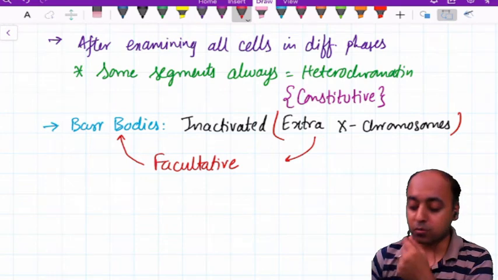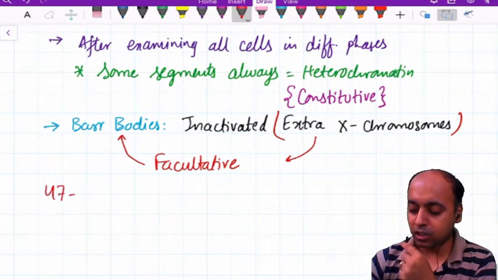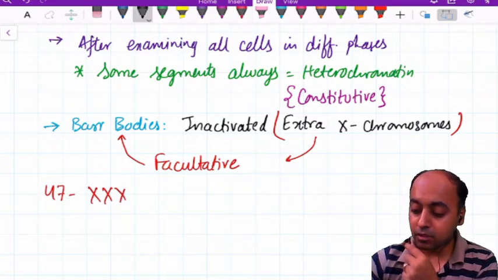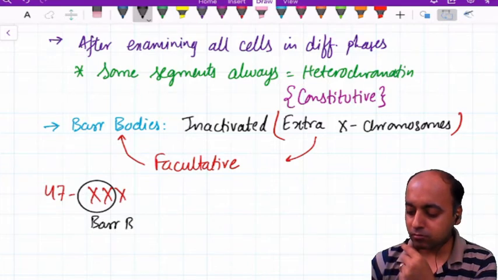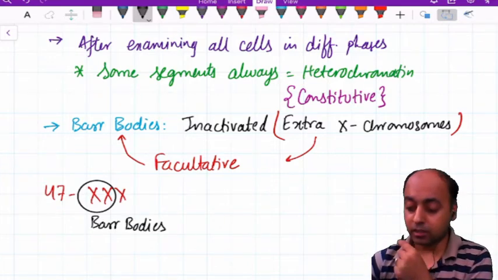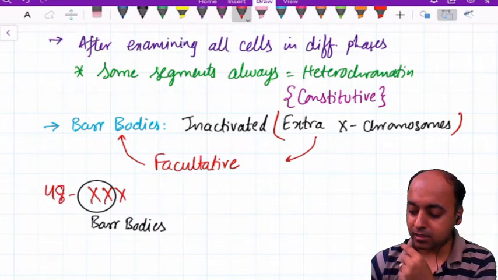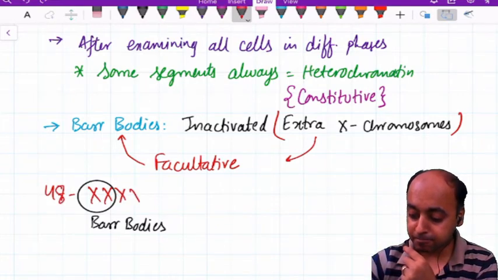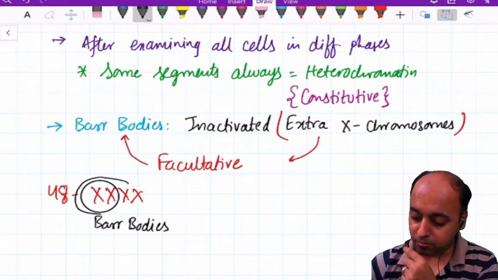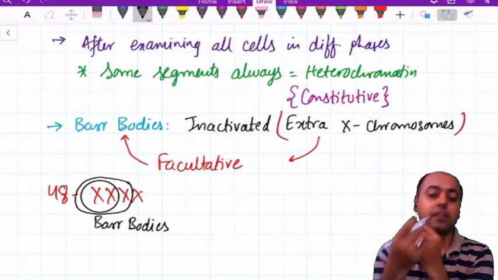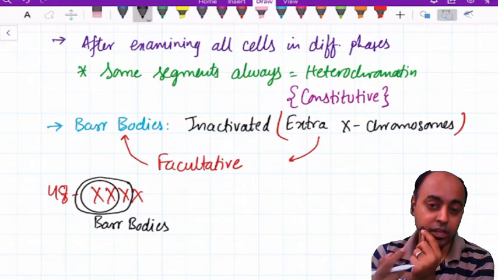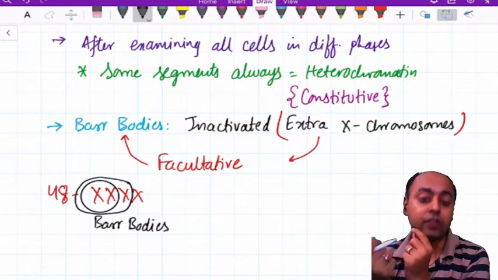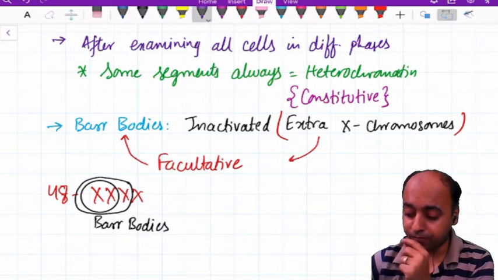Meaning if a cell has, let's say, 47XXX, two of them are bar bodies. If you have 48XXXX, three of them will be bar bodies. So only one X chromosome within a cell can be activated. All other X chromosomes are inactivated.